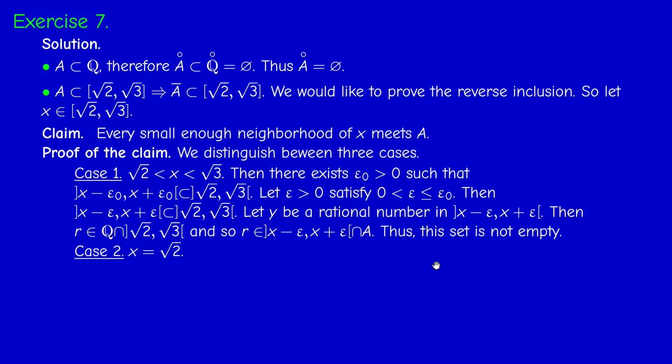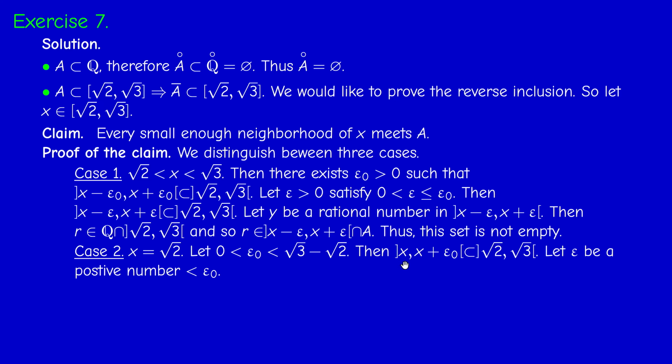Okay. Second case, x is one of the endpoints. For example, suppose it's √2. We take a positive number, ε0, which is less than the length of the interval (√2, √3), or could be taken to be equal, actually, it doesn't matter. Then the open interval with endpoints x and x + ε0 is by construction contained in (√2, √3) open, because x is √2 here.